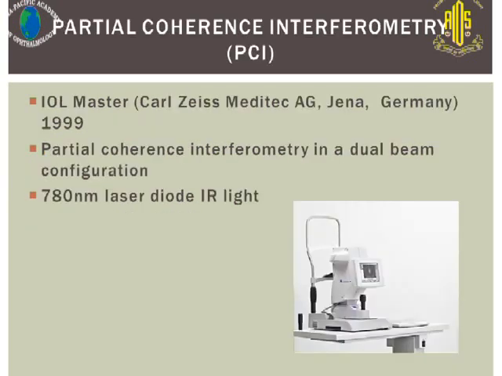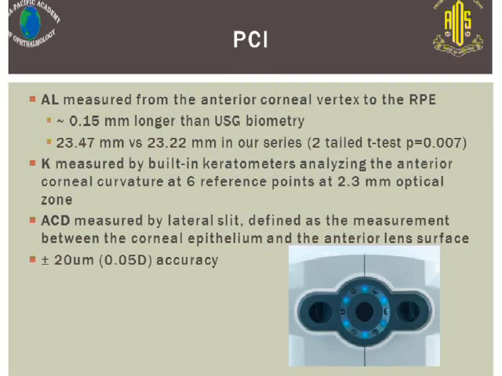The IOL Master was developed by Carl Zeiss in 1999, making use of the principle of partial coherence interferometry in a dual beam configuration powered by a multimode laser diode. The axial length is measured from the anterior corneal vertex to the RPE, versus to the internal limiting membrane for ultrasound biometry, and as a result is around 0.15 millimeters longer.